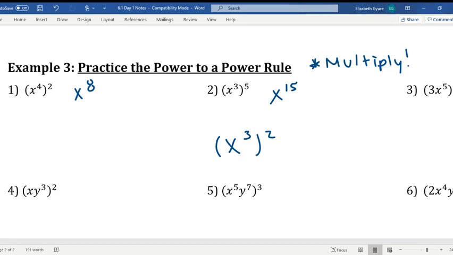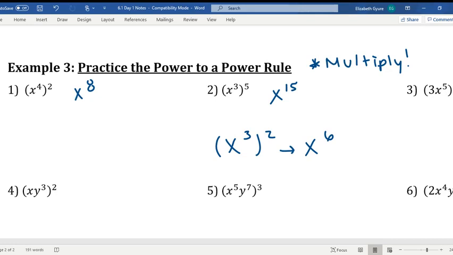Okay, that's fair. So here, Hannah, our rule is to multiply our exponents. So 3 times 2 is 6. So you just bring your variable with you, which is x, and then write your 6 to it. Does that clarify a little bit for you?